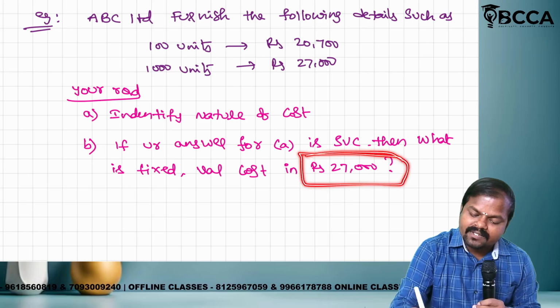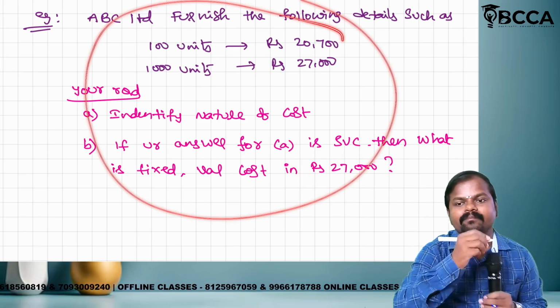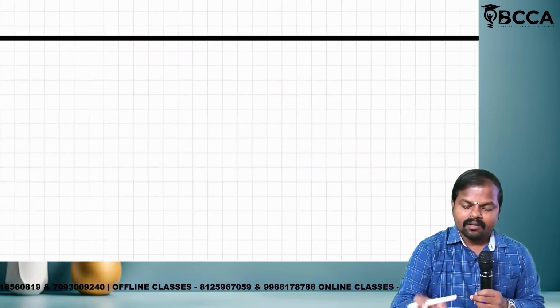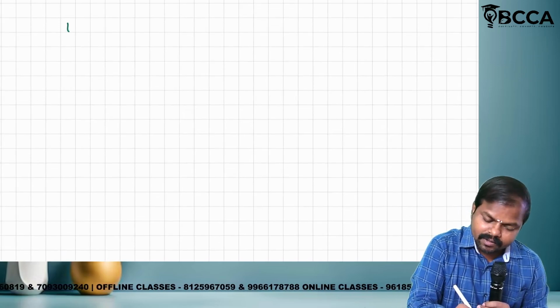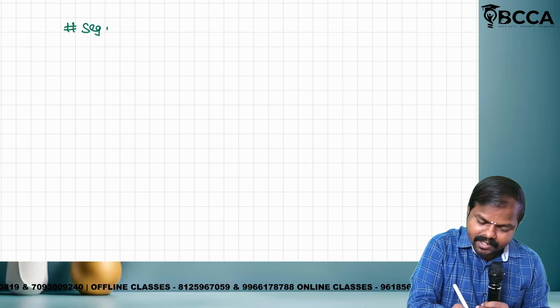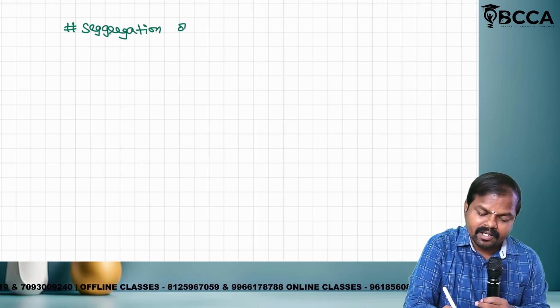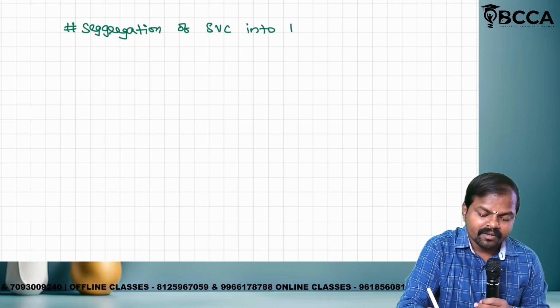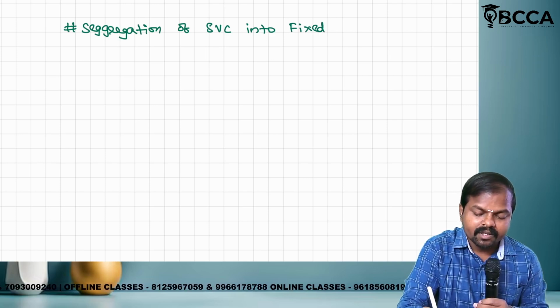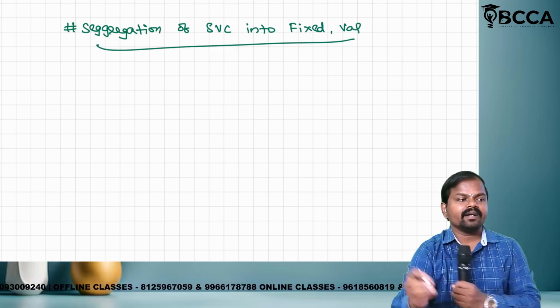Now, in most cases, how to segregate 27,000 without any data? This data is only available. We will learn segregation or bifurcation of semi-variable cost into fixed and variable.